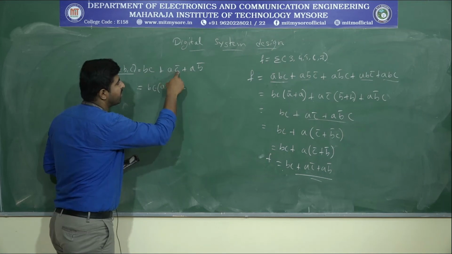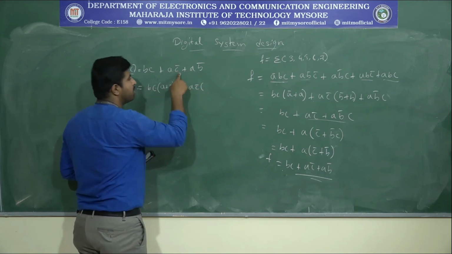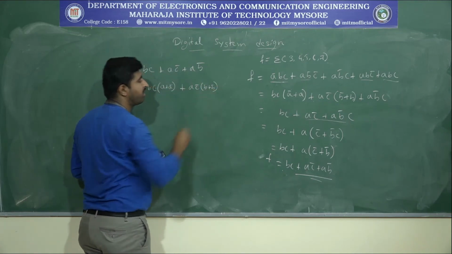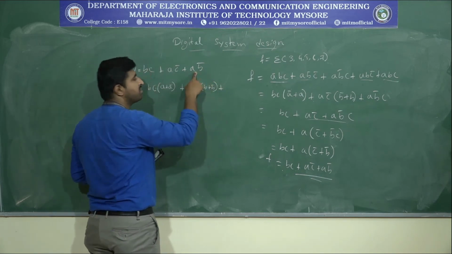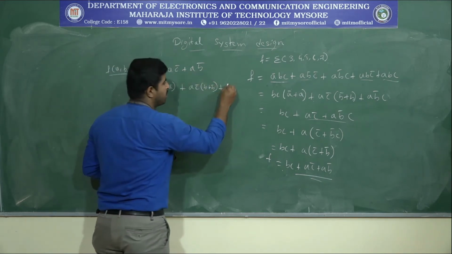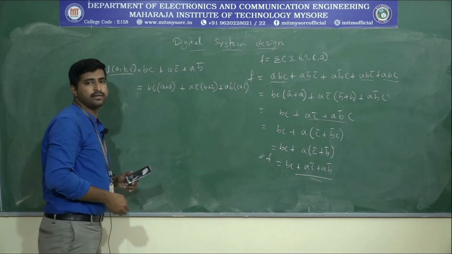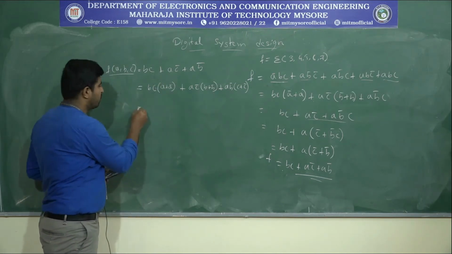See here, in AC bar, which variable is missing? B. Missing variable is B. So here we write B plus B bar. Similarly for this one, which is the missing variable? C. For AB bar, C plus C bar will be ANDed. That is the product. Okay. Now we need to simplify. How to do that one?